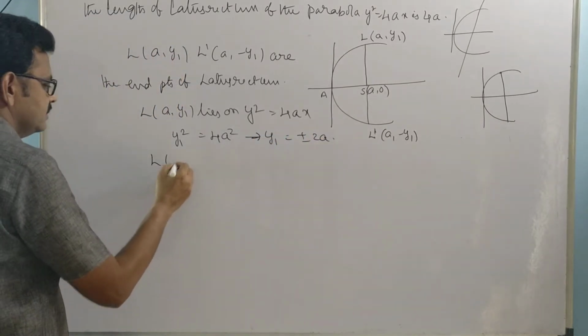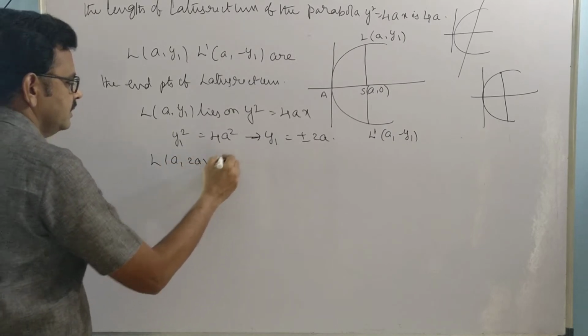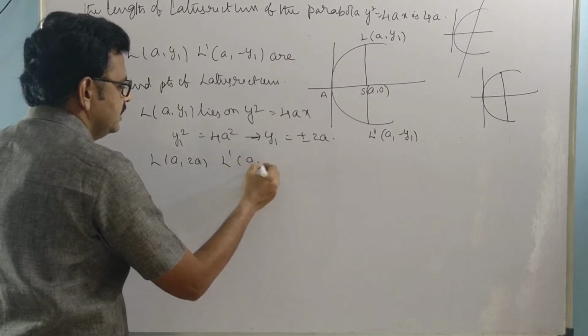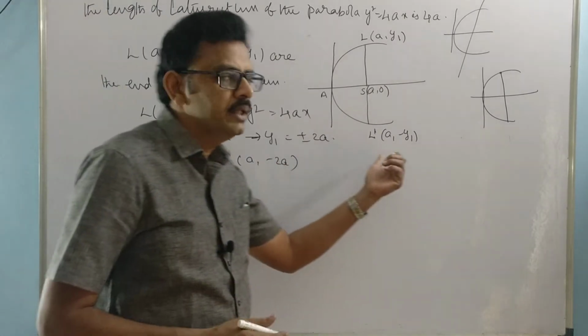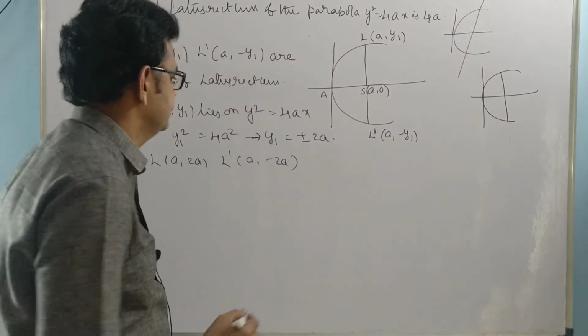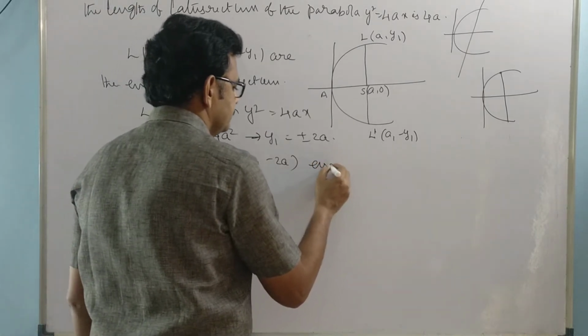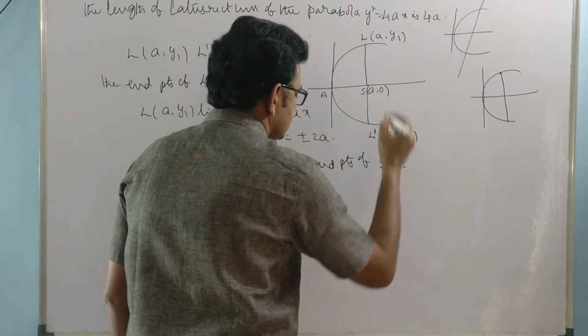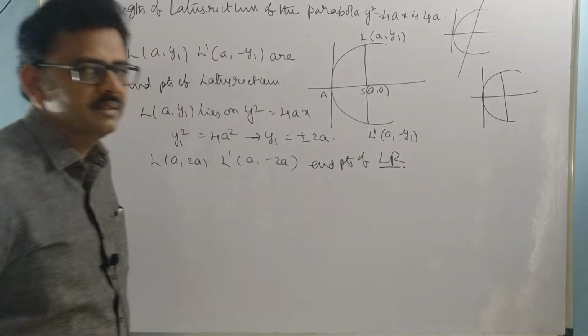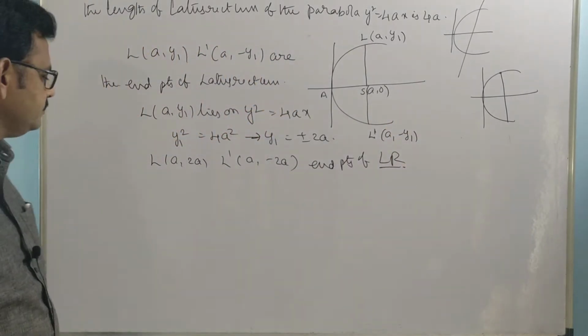Therefore, L is a comma 2a and L dash is a comma minus 2a. So these are the end points of the latus rectum, LR.